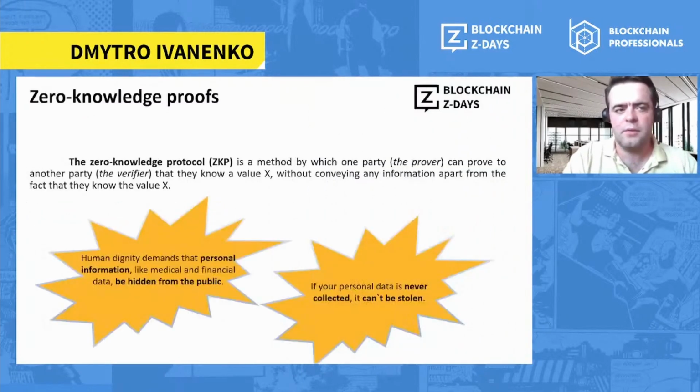What is zero-knowledge proof? A zero-knowledge proof is a protocol which allows you to prove that you know some secret, or maybe many secrets, to somebody at the other end of a communication without actually revealing it.